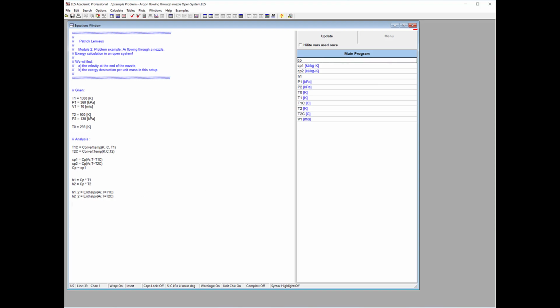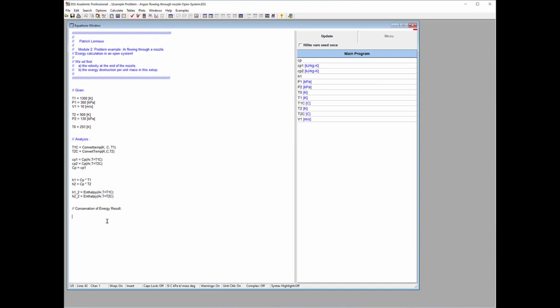Okay, coming along nicely. Next is the equation, the result of the conservation of energy that we had, which told us that the total enthalpy, as it's called, at the inlet must be equal to the total enthalpy at the outlet.